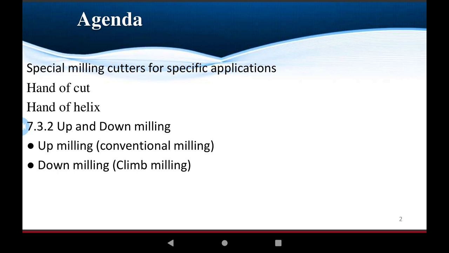Also covered are special milling cutters for specific applications, hand of cut, and hand of helix, and up and down milling. Up milling is conventional milling, and down milling is climb milling.